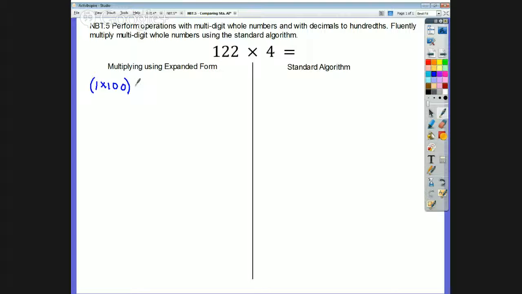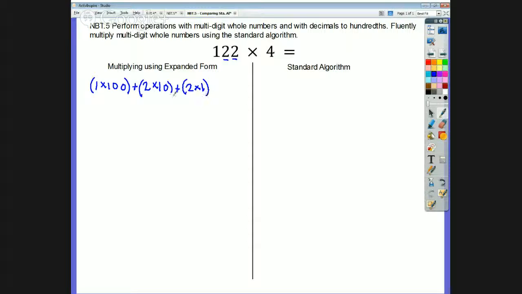Then I have to add whatever is in the tens place. In the tens place we have a 2, so that is 2 times 10. And I have to add whatever is in the ones place, and in the ones place I have a 2, so I have plus 2 times 1.